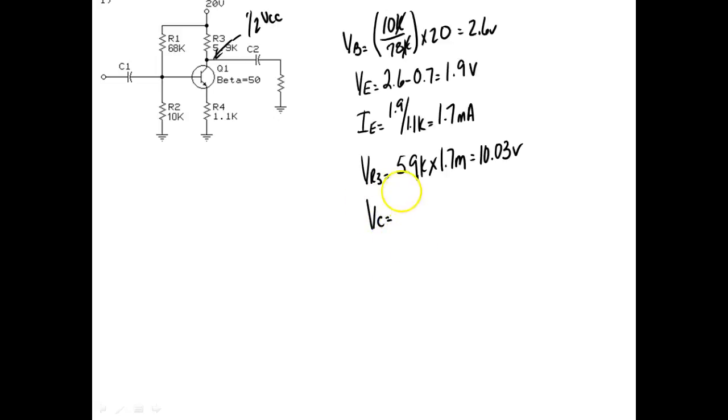So VC is going to be equal to 20 volts minus 10.03. What we got? Yeah, 10 bucks. That look good so far? Everybody okay so far? What laws have we used so far?